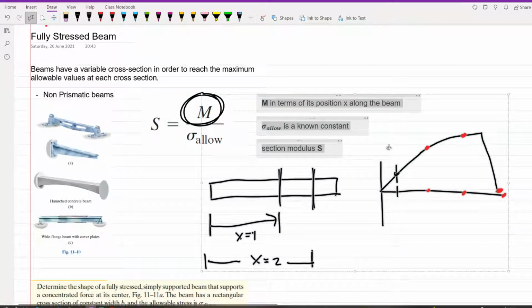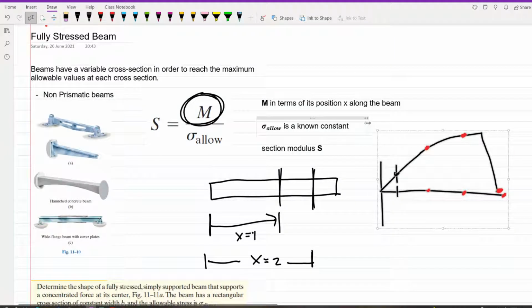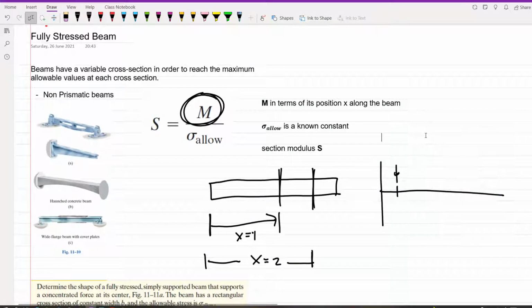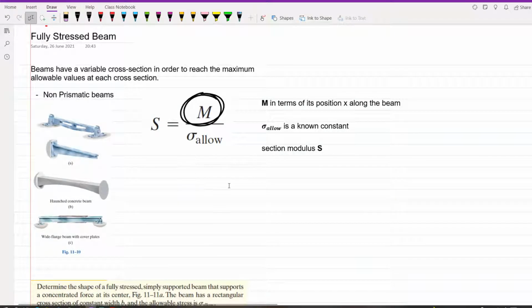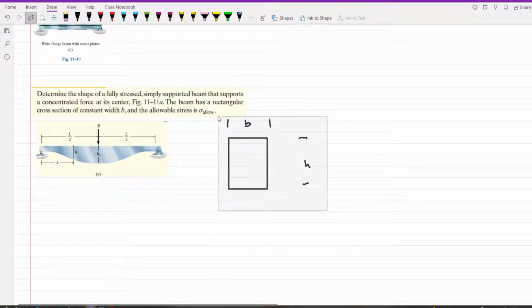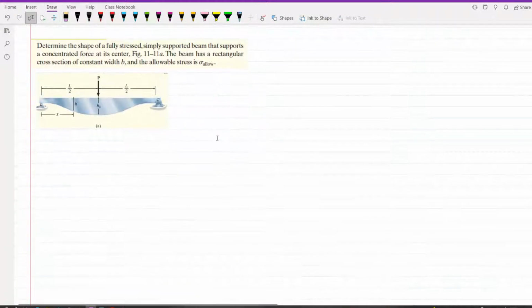So, let's do an example. Determine the shape of the fully stressed, simply supported beam that supports a concentrated force at its center.